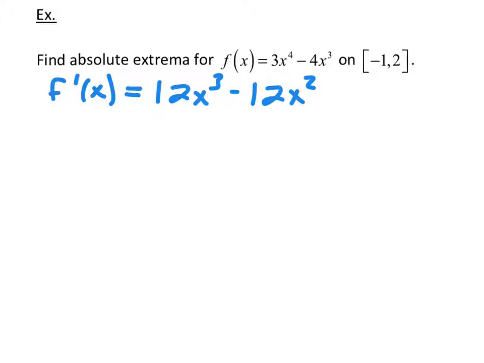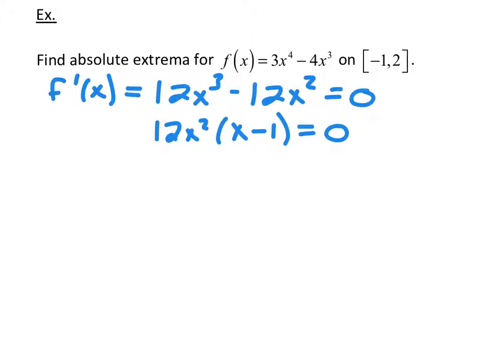Critical numbers are where we have the x coordinates where the derivative is either equal to 0 or does not exist. In this case, this could only equal 0. It cannot be undefined. And then I can factor out a 12x squared, leaving me with x minus 1. So I end up with x is equal to 0 and positive 1. Those are my critical numbers, or like I said, critical values. Same thing.